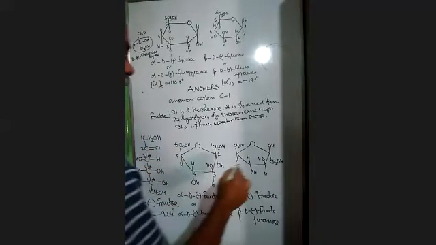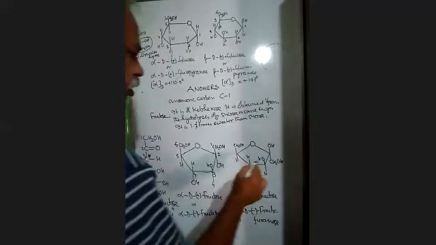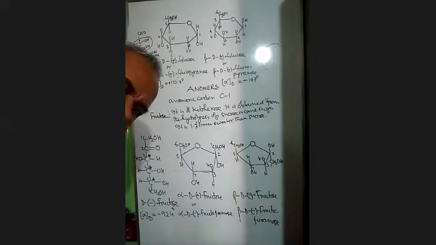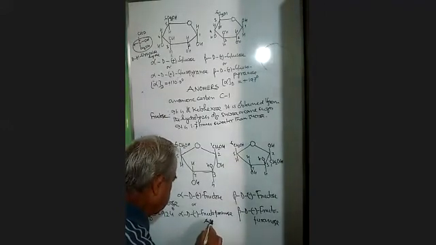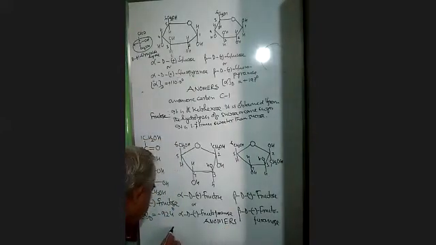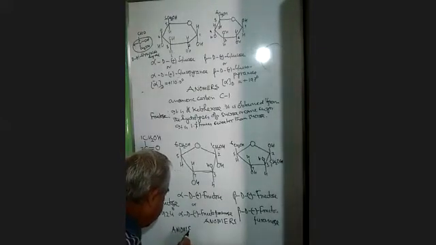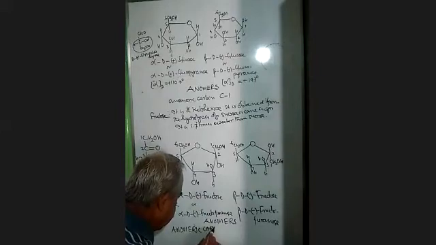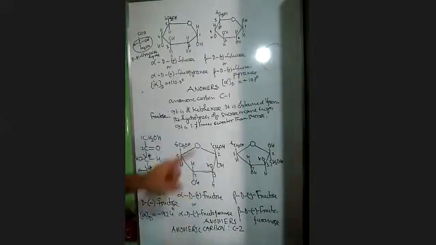Look, these are anomers. Now, what is the anomeric carbon here? Where do they differ? In glucose, they differ at C1, the anomeric carbon. Please remember, in case of glucose, it is C1. Draw.